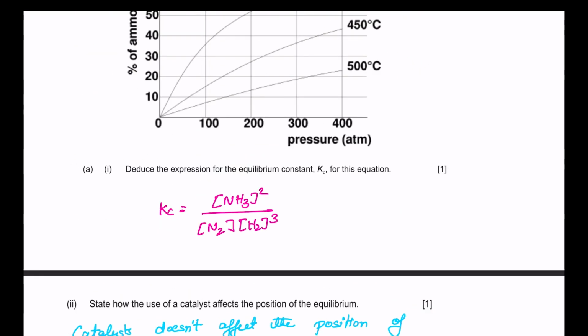So if the volume of the gas decreases, the concentration of all gases will increase. So we see that the denominator will increase more as compared to the numerator. As a result, the value of Q will be less than Kc. And hence the equilibrium will shift to the right and more products will be formed. And as a result, we will have a greater percentage yield.